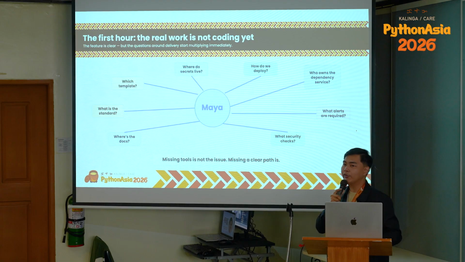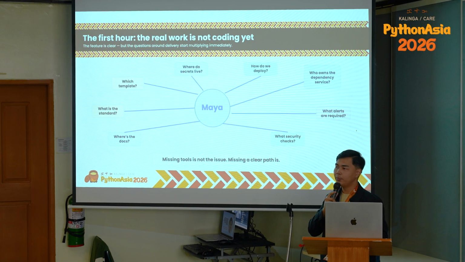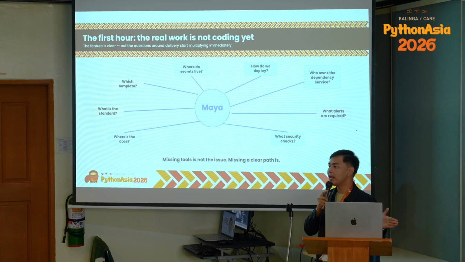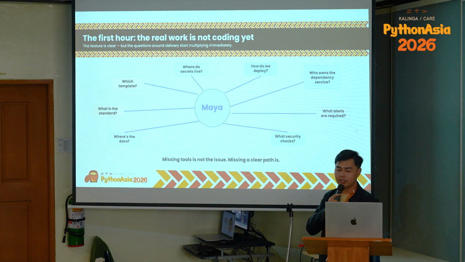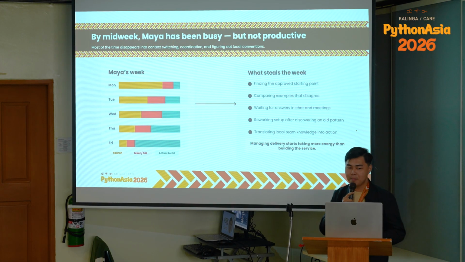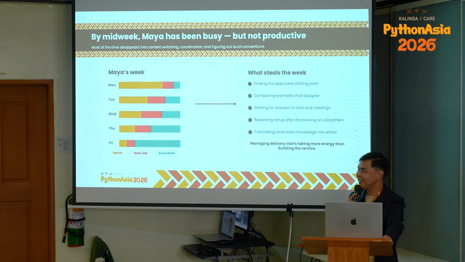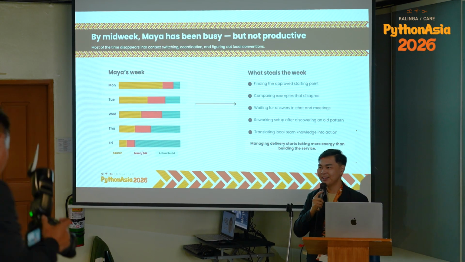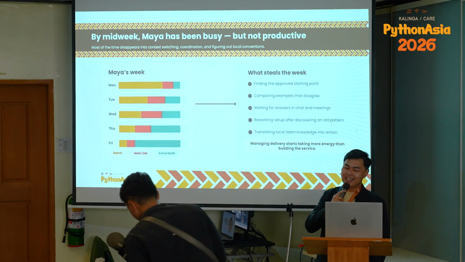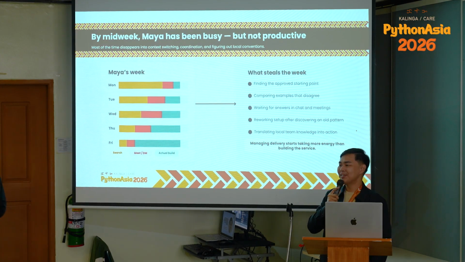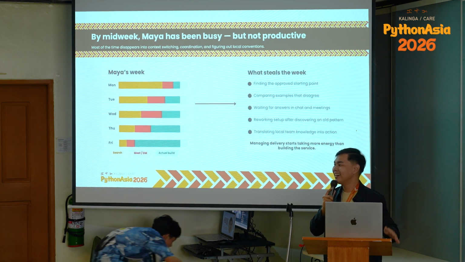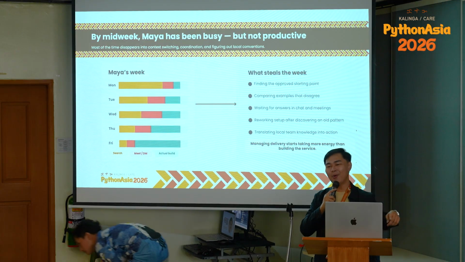The tools are actually there. They're not missing. But there's really a missing path on how we can find those tools. By midweek, Maya has been busy but not productive. She's been in the docs, in the Slack channels, old repos, examples, and messaging people in meetings. She finds one example service and someone, maybe her senior, tells her not to use that, it's an old one.